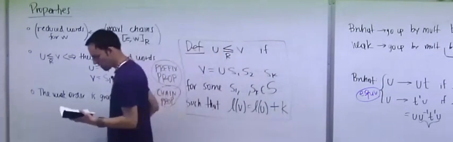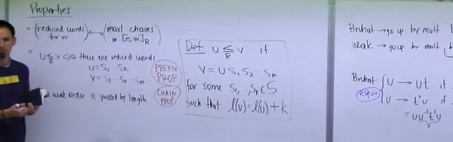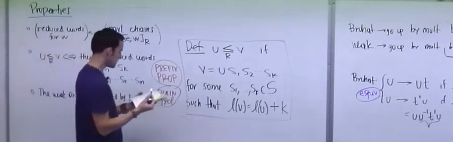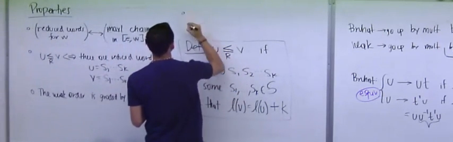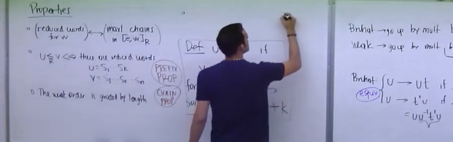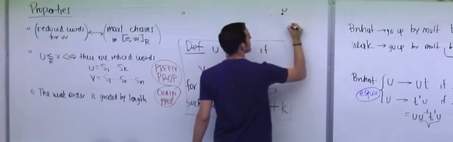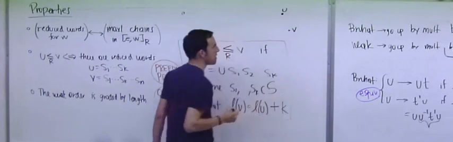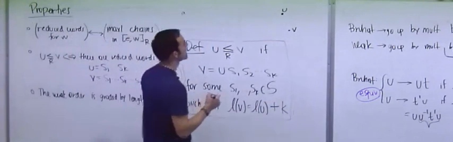Okay. The last one was the lifting property. Okay. What does the lifting property look like here? It looks like this. Let's say that I have a u and a v, and I'm wondering whether they're comparable. Okay?